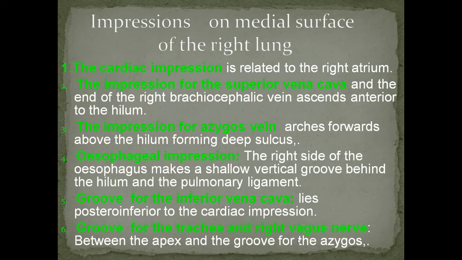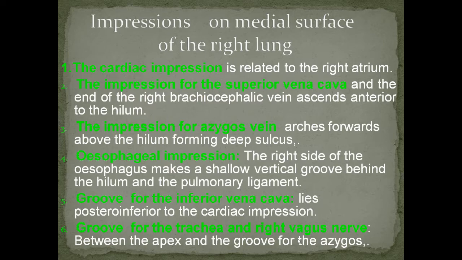Now we will see what kind of impressions are on the medial surface of the right lung. The cardiac impression is related to the right atrium. Impression for the superior vena cava, and the end of the right brachiocephalic vein ascends anterior to the hilum. The impression for the azygos vein arches forward above the hilum, forming a deep sulcus.